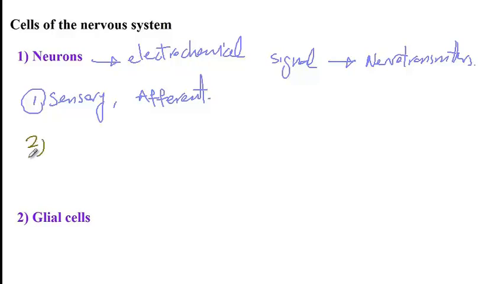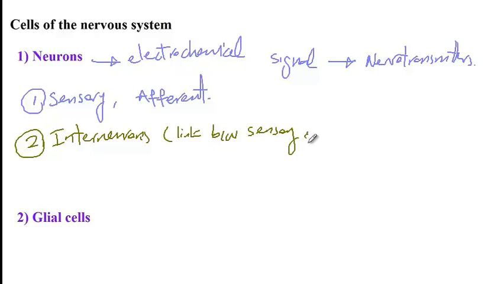Next we have the interneurons, which are located in the central nervous system, and they function as a link between sensory and motor neurons.